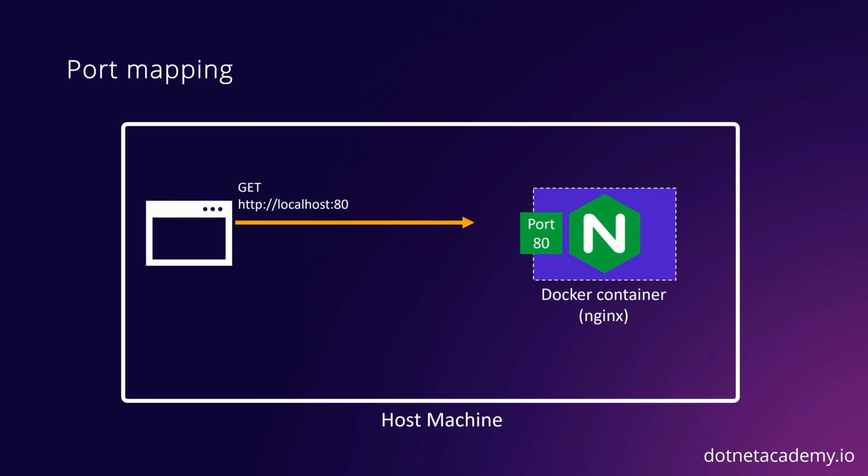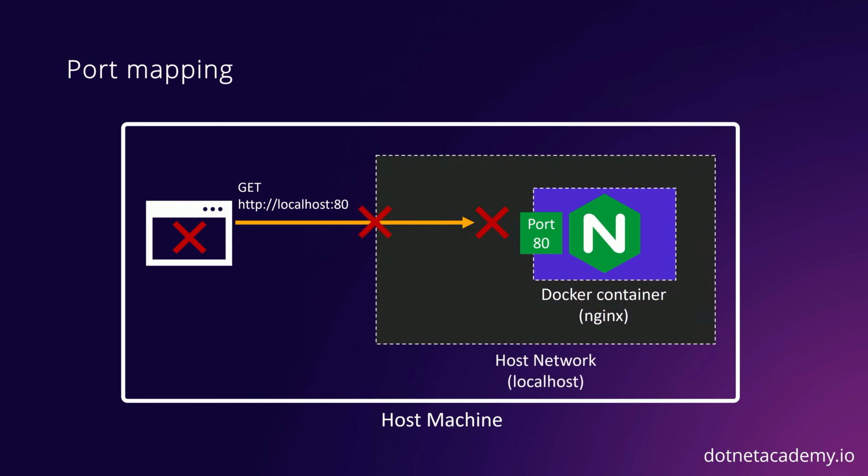However, all we get is an error response. The reason why this is happening is that Docker containers are completely isolated by default. Even though Nginx is listening on port 80 inside the container, that port isn't accessible from our local host network. So when we try to access localhost 80 from our browser, the request never reaches our container.